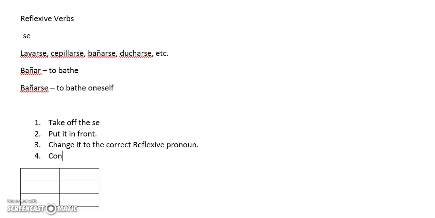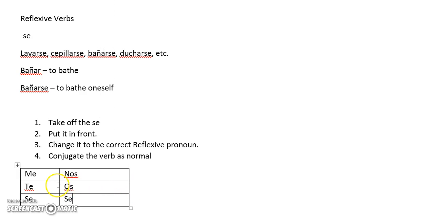After that, you conjugate the verb as you normally would. So, for instance, reflexive pronouns: me, te, se, nos, os, and se. So, for the example, the verb bañar that I just wrote above.